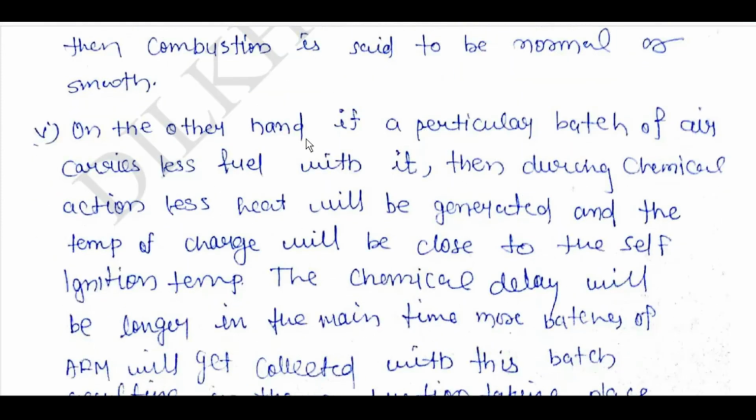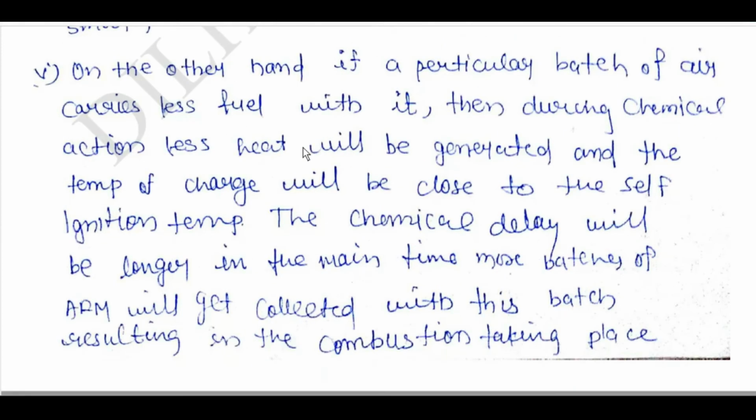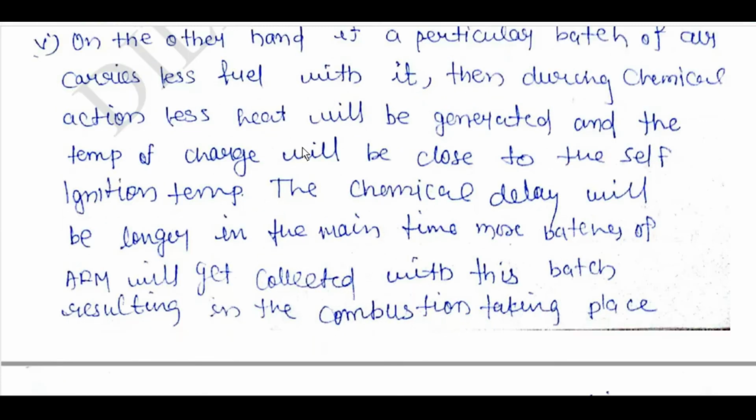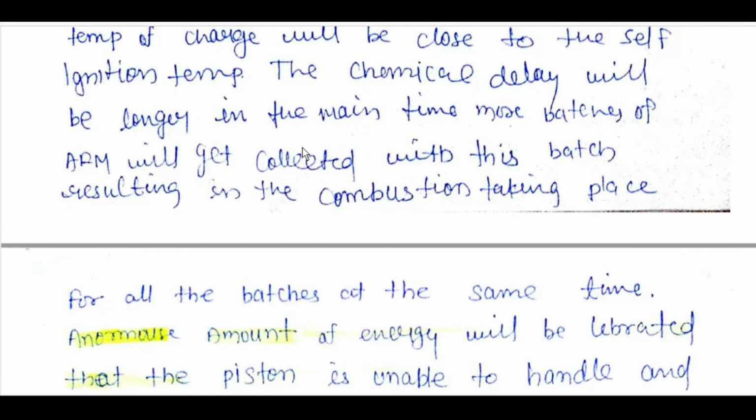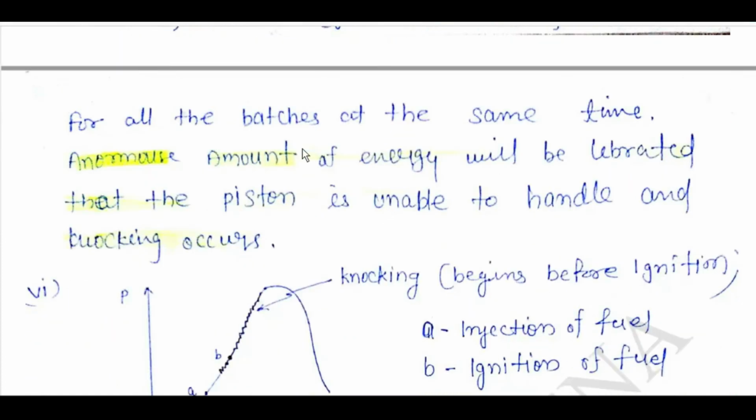On the other hand, if a particular batch of air carries less fuel with it, then during chemical action less heat will be generated and the temperature of the charge will be close to the self-ignition temperature. The chemical delay will be longer. In the meantime, more batches of AFM will get collected with this batch, resulting in combustion taking place for all batches at the same time.